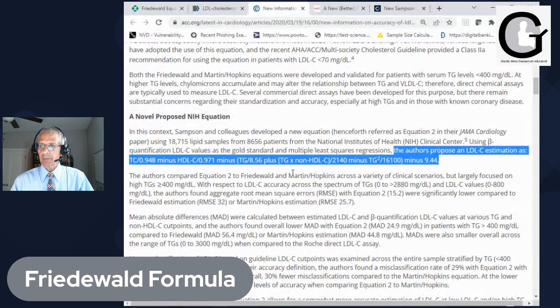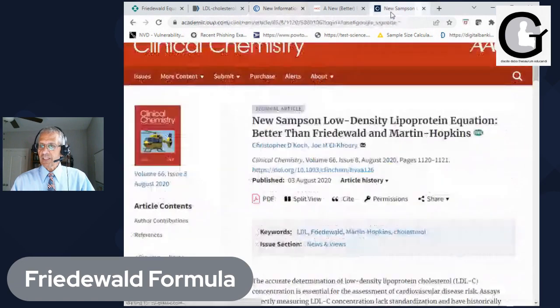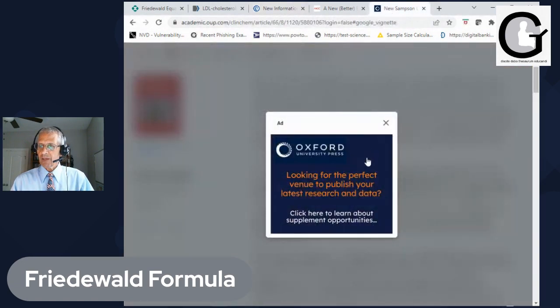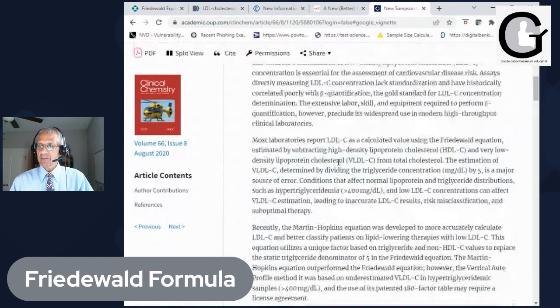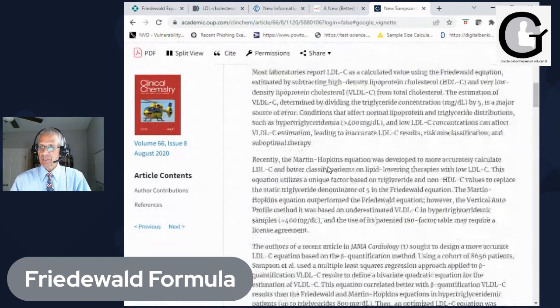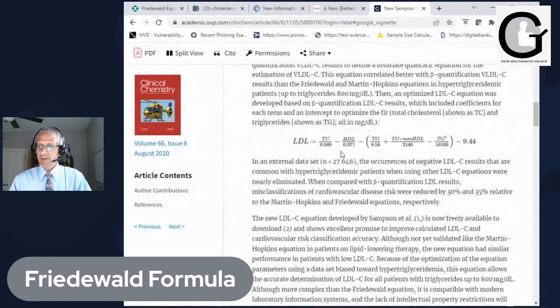So that's the Martin Hopkins right here. Oh no, I'm sorry, this is the Sampson equation here, right? This is the equation we just went over. So that's how to do the LDL.